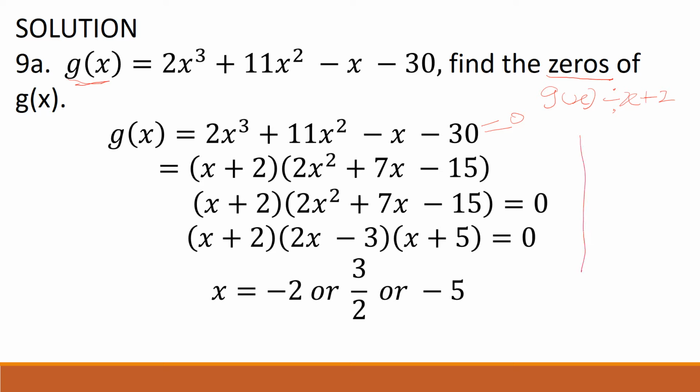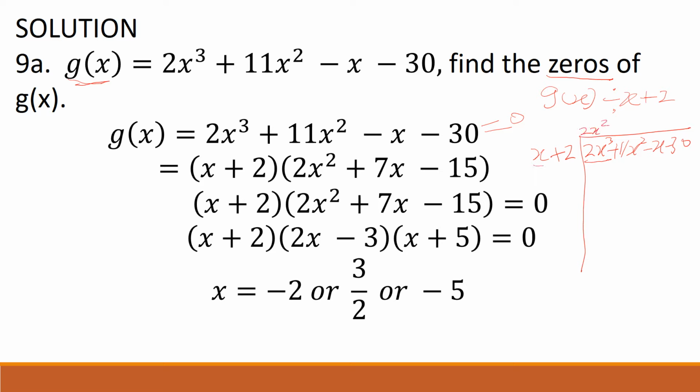It's already done, just to show you how I did the division. So here I'll have g of x, and that is 2x cubed plus 11x squared minus x minus 30. Here I'll have my divisor, that is the factor given, x plus 2. So this 2x cubed will be divided by x, and that will give us 2x squared.